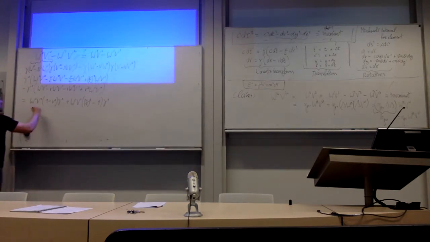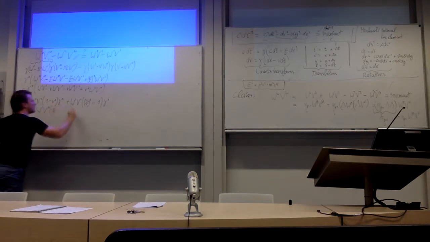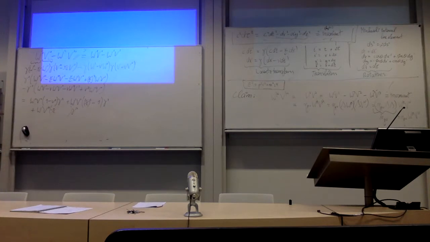Now there's more combinations. We also have this one. That's minus v over c. Yeah, and everything's going to be multiplied by gamma squared again, so let's take that out of the brackets. And then plus v. Are you a minus or a plus? Which one is it?